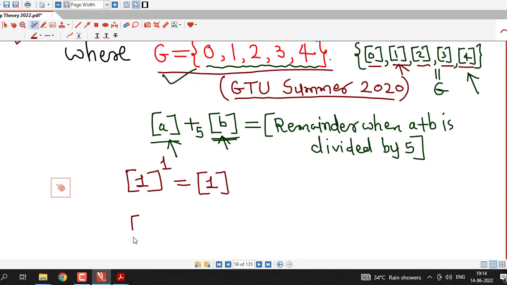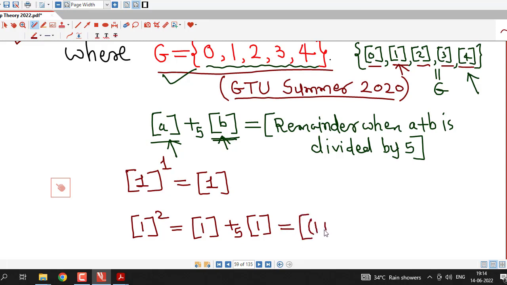Now suppose we consider the second power of 1, then let's see what we obtain. So this is 1 raised to 2, that means we have to consider equivalence class 1 with itself and apply addition modulo 5. This is equal to the remainder when 1 plus 1 is divided by 5, that is 1 plus 1 modulo 5, that is 2 modulo 5.